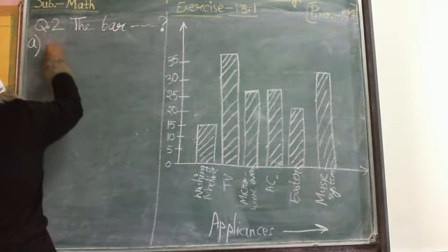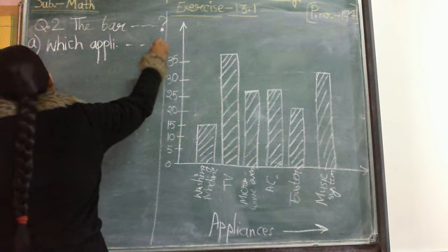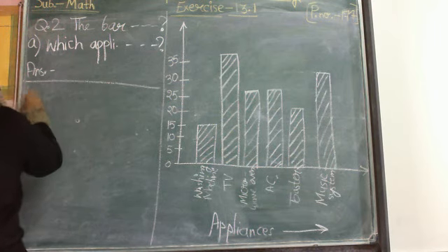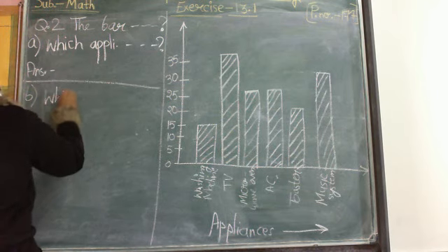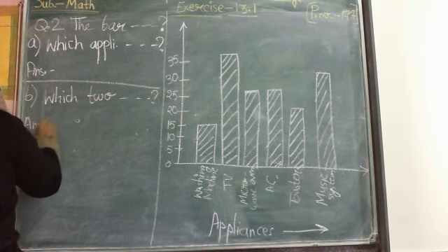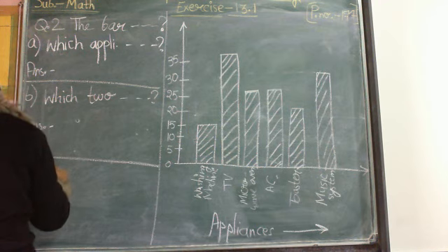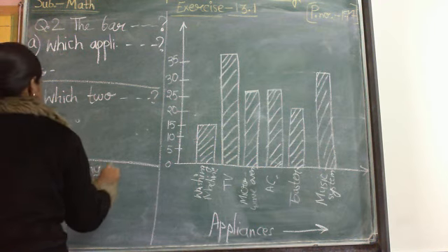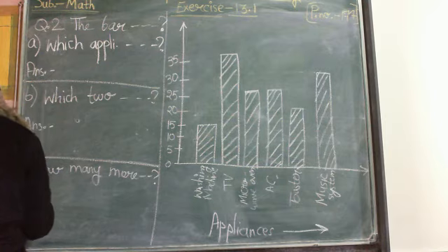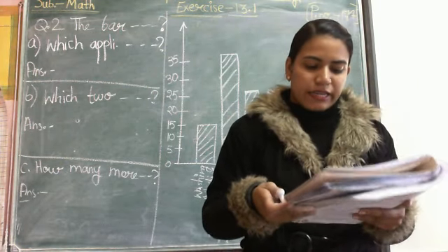Question number A. Which appliance was sold in maximum number?